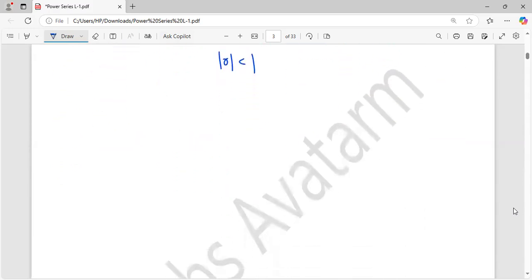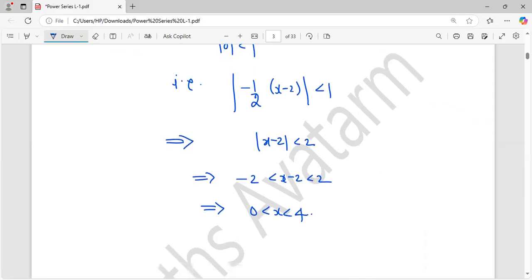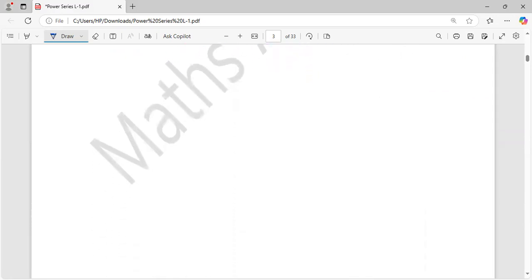So what does it mean? It means this series converges if the absolute value of r is less than 1.